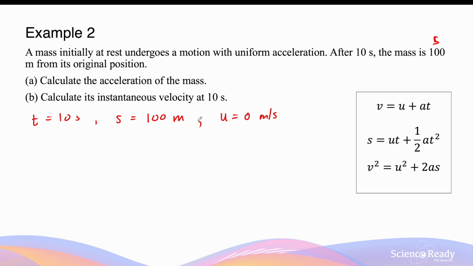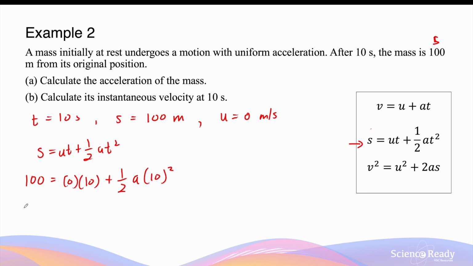So here, the second equation will help us the most, because we want to calculate the acceleration after being given the displacement s, the initial velocity, and the time. So s equals ut plus half at squared. S is 100 meters. U is 0 meters per second. Time is 10 seconds, plus half a times 10 squared.